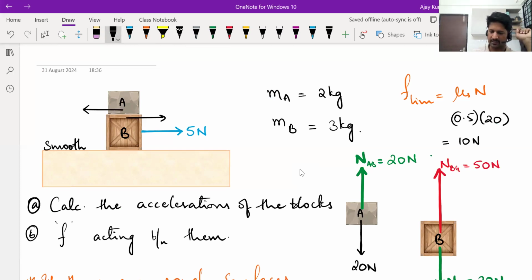That is how sliding happens, right? When friction is 0, this is what would happen. These arrows are representing relative motion, not actual motion, because actually A doesn't move.